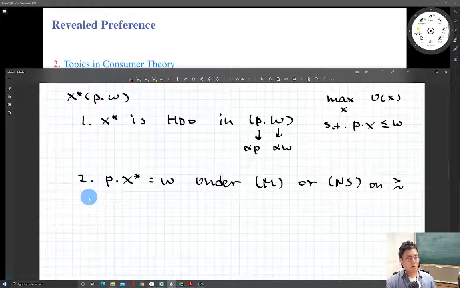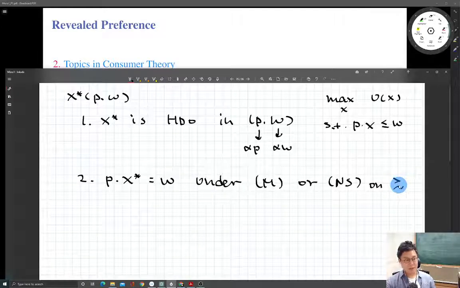Yeah, and there is one more property about the convexity and uniqueness of this Walrasian demand that also depends on the extra condition on the preference relations. So more specifically, if the preference relation is convex, then the set of Walrasian demand is going to be a convex set.